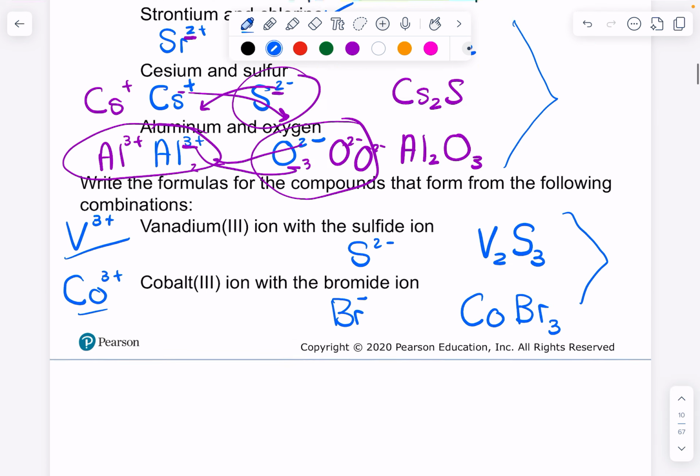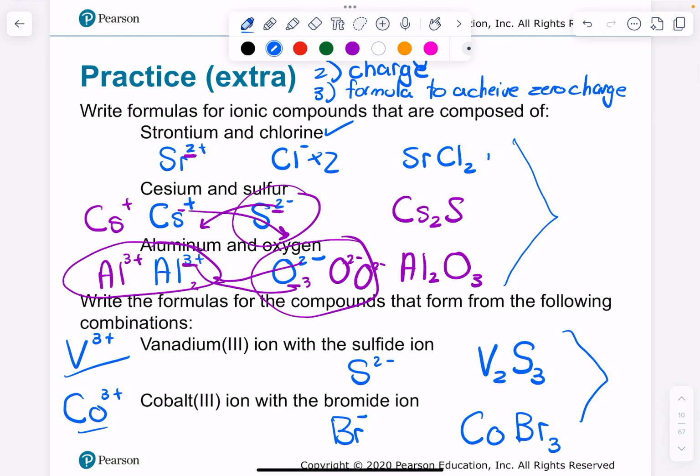So like if I scroll up to the ones we just did, this one here is strontium chloride, this is cesium sulfide, and this is aluminum oxide. Okay? I do not have to indicate how many of each thing there are because I'm going to be able to know that.